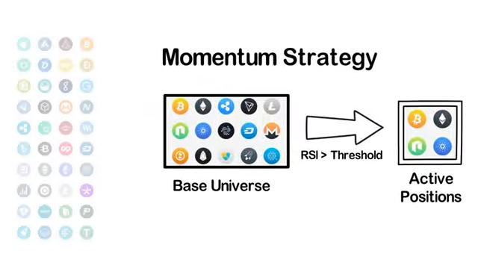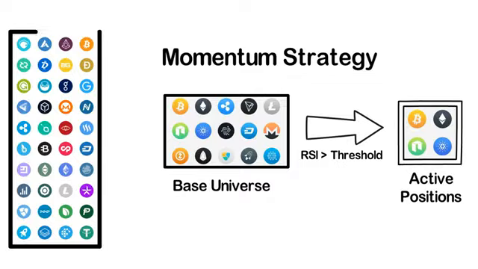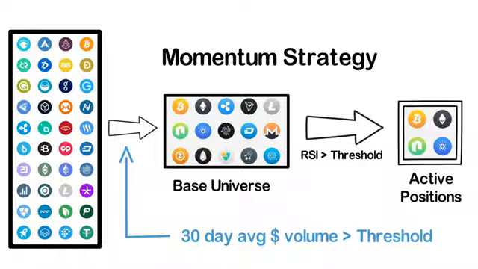For this algorithm, I will add the data for all crypto USD pairs that are supported by Bitfinex. The algorithm will then look at the 30-day average daily dollar volume and it only adds those cryptos to the current active universe if they have sufficiently high dollar volume. Only for these cryptos, it then looks at the RSI for potential momentum trades.